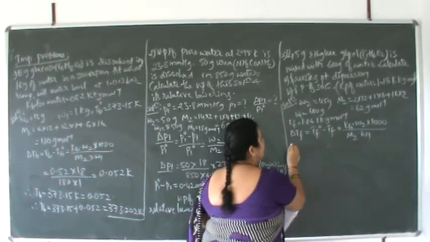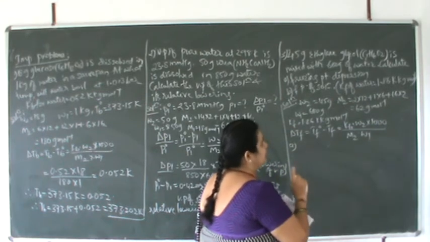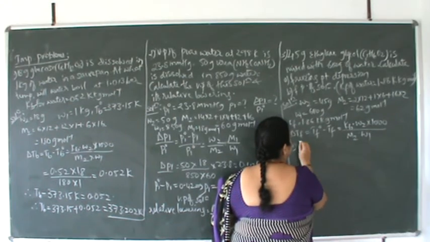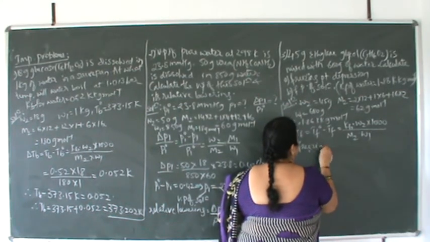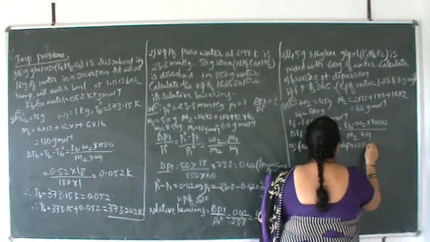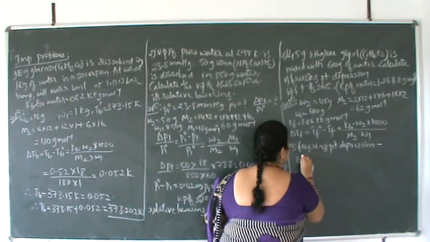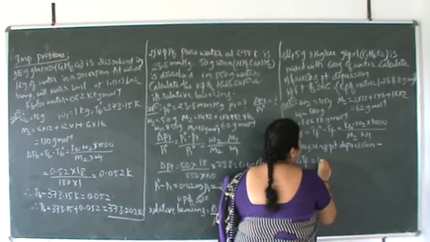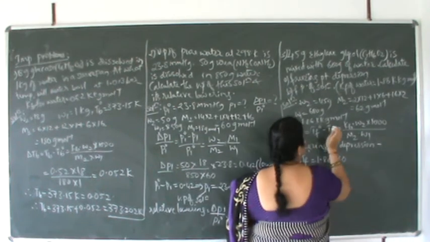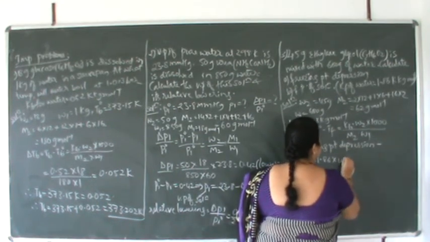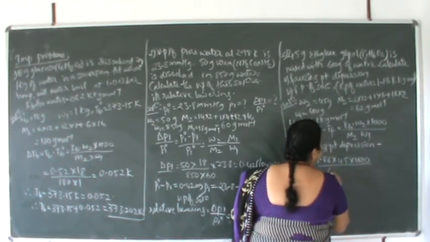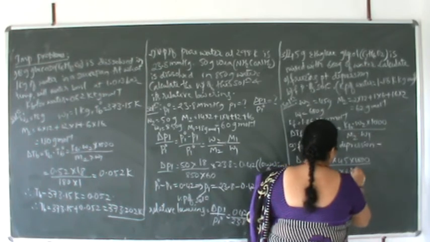You are asked to calculate freezing point depression. So therefore delta Tf, freezing point depression, delta Tf is equal to 1.86 into 600, 45 into 1000 divided by M2 is 62 into 600.